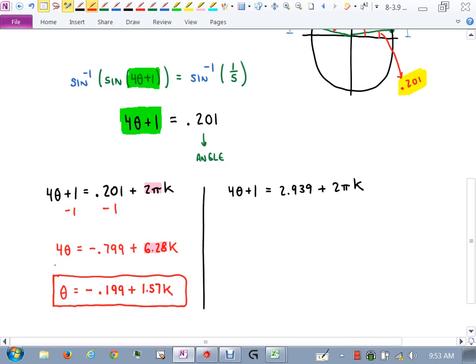The other side, you do the same thing. Subtract 1 on both sides. You get 4 theta. This one's a little easier to do. 1.939 plus 2 pi k, which I'll make 6.28 k. I divide everything by 4. Theta must be 0.484 plus 1.57 k.